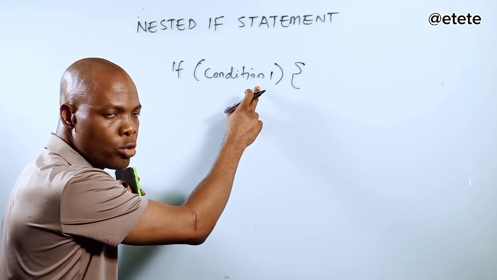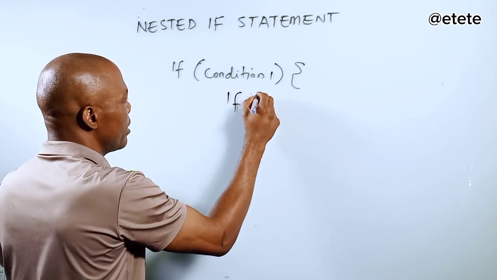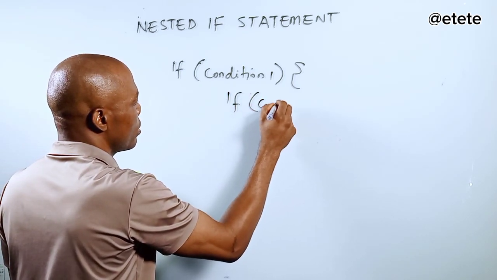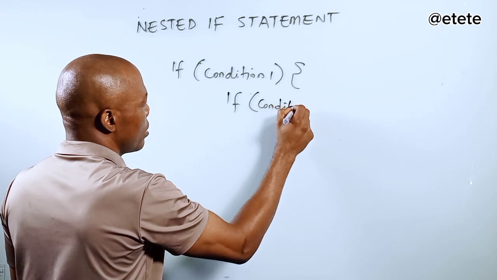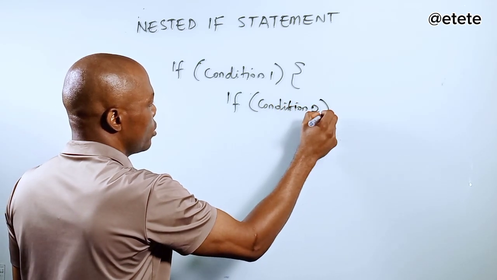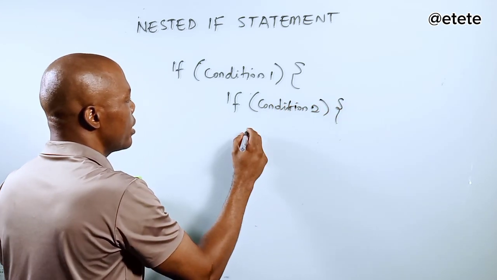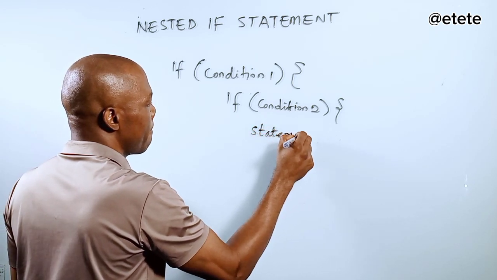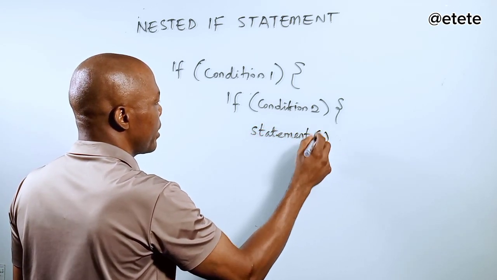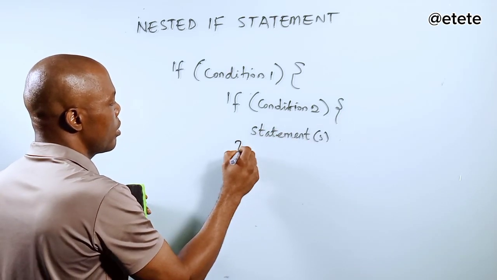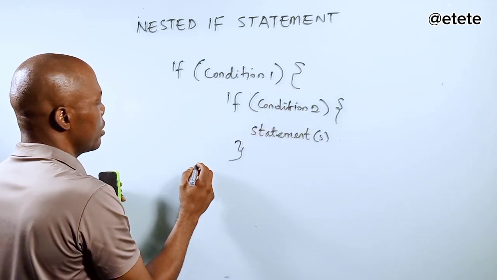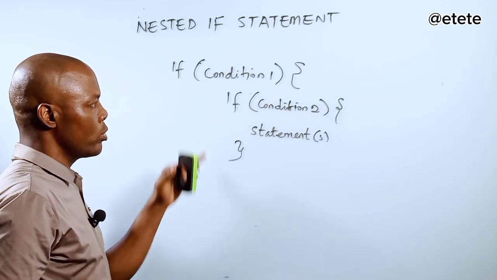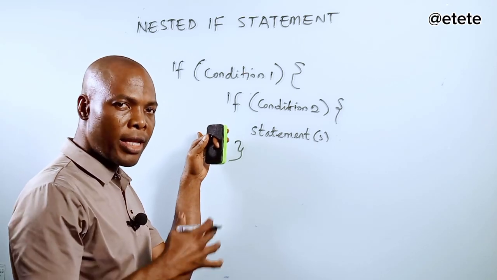So if the condition is true, then you have another if statement to test another condition. You test condition two. So if this is true, then you now go in and print out the statement. You can make it multiple. So this one will end here, and then this one will end here. So this is the syntax for nested if statement.